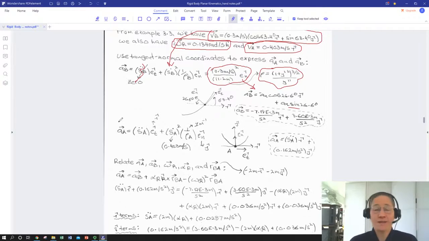Okay, let's do the same thing for A. Let's do a tangent-normal action for A. The nice thing here is that the position of A means that our normal direction is the j-hat axis, and our tangential just happens to be the i-hat axis. So this simplifies things. Those two coordinate systems are literally superimposed at that one point for this parabolic motion.